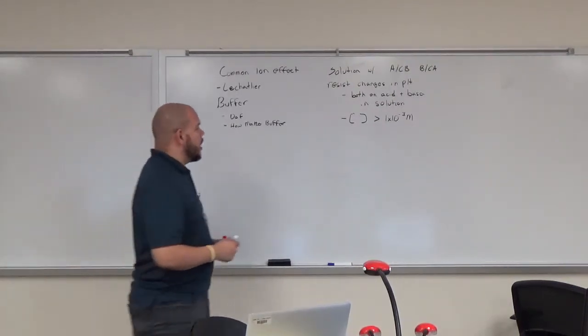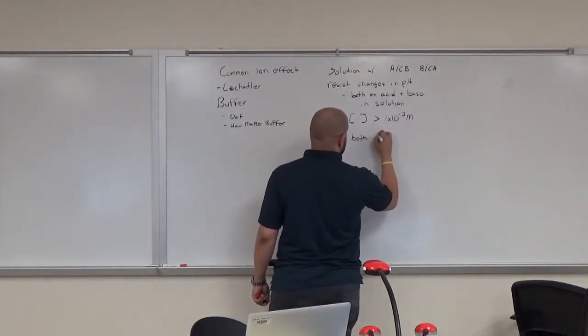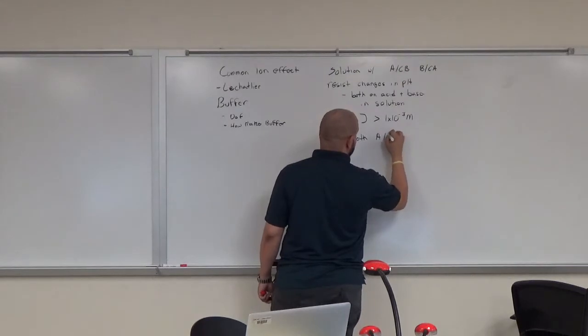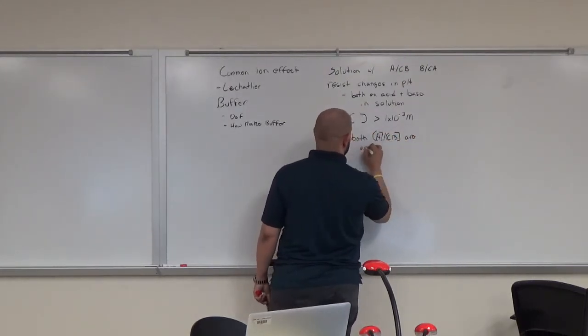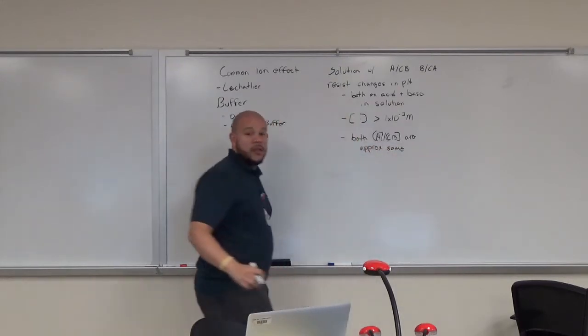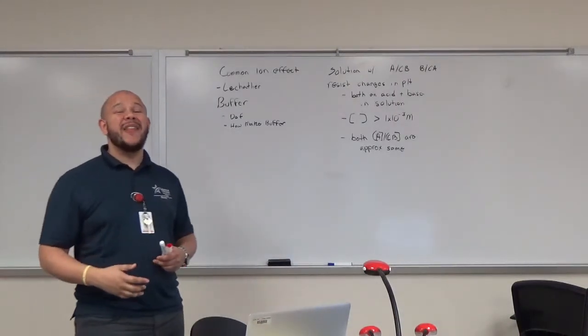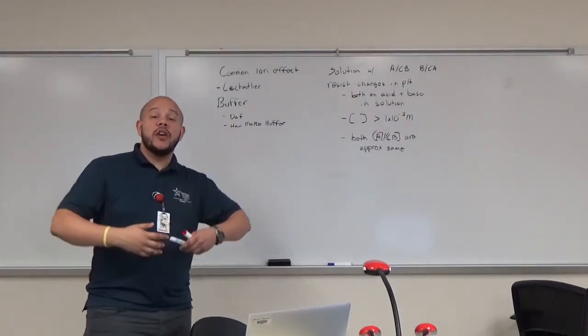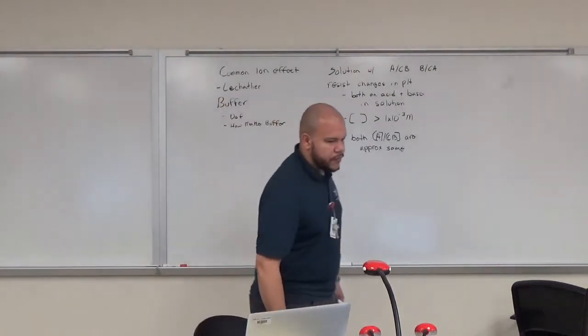And also a key is that both the acid and conjugate base concentrations are approximately the same. Right? So they're both the same. And when they're both the same is when we have the buffer that gives us the best practical use, right? Is the best to use.